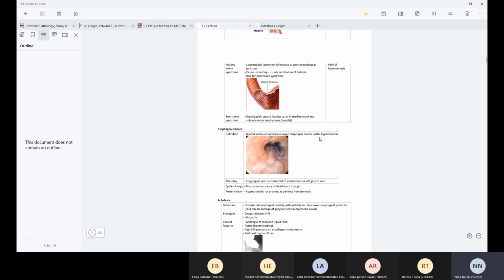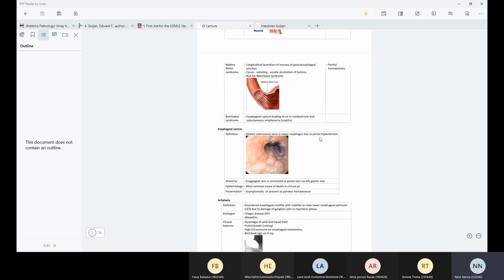And here what you need to pay attention to is portal hypertension. Students usually make a mistake in some complex cases, I mean you might have an unclassical case, right? They confuse Mallory-Weiss and esophageal varices. Why? Here you need to pay attention. Mallory-Weiss syndrome is not related to portal hypertension.